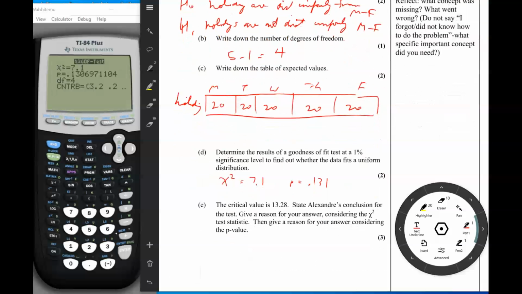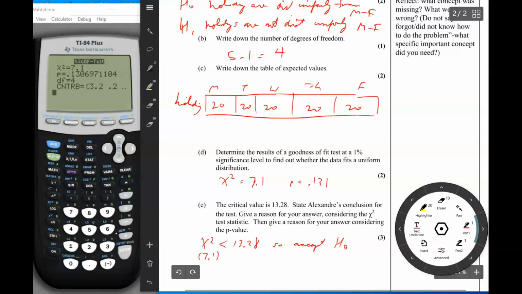Okay, and now let's check to see if that tells us whether or not we are uniformly distributed or not. So the critical value is 13.28. And remember, we compare the chi-squared value with the critical value, and in this case, it is less, right? So the 7.1 chi-squared value is less than the critical value of 13.28, so we accept the null hypothesis. So it is uniformly distributed, right? And the reason for my answer is that 7.1 is less than 13.28.